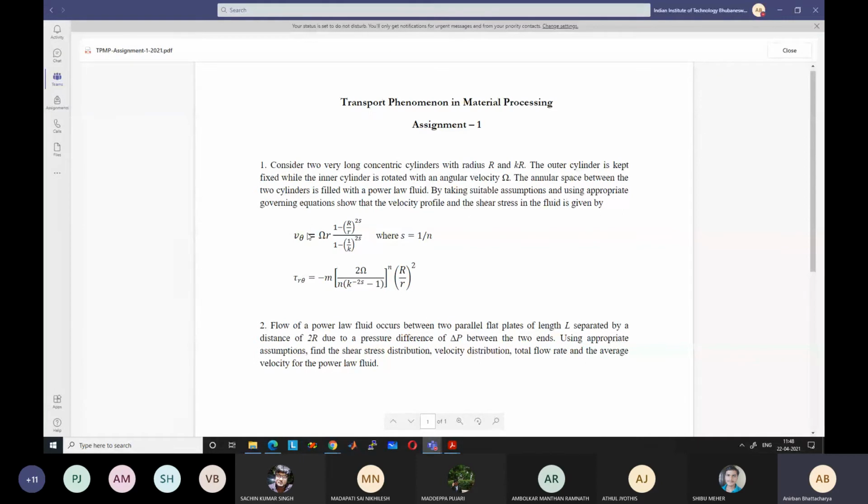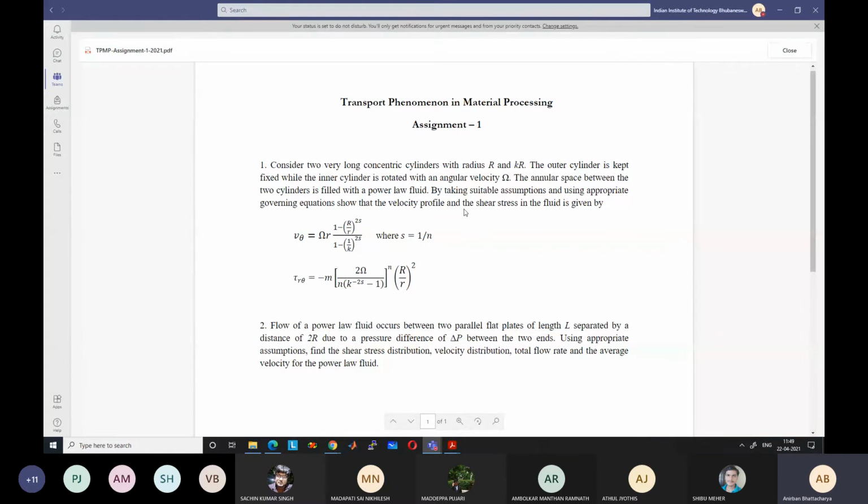The inner cylinder, which has a radius of kR, is rotating with an angular velocity of omega. The outer cylinder is fixed. So one cylinder is fixed, the other one is rotating. You have to use the same procedure, starting from the general governing equation with suitable assumptions. You have to find that the shear stress is given by this expression, and the velocity profile between these two cylinders is given by this expression.